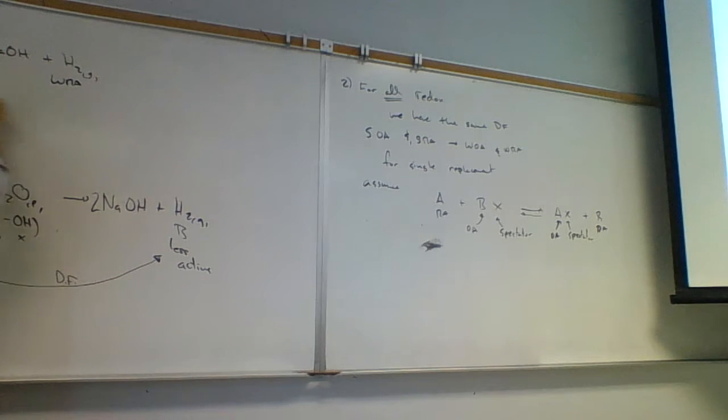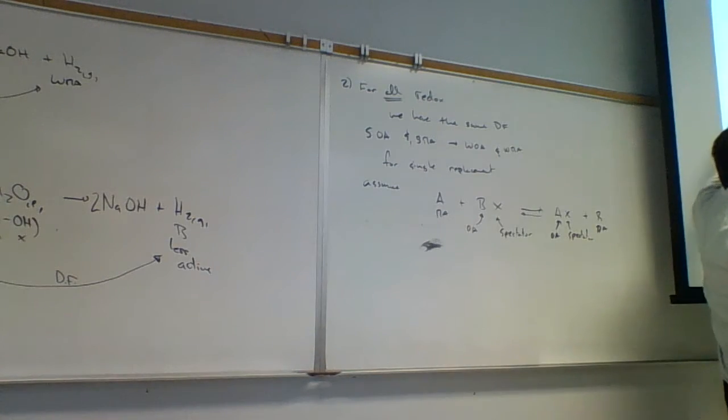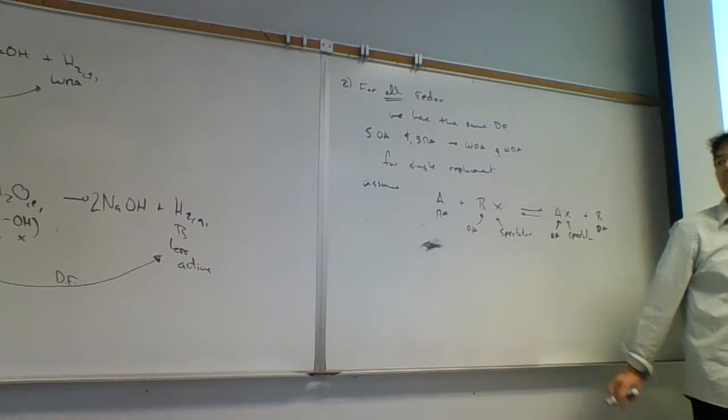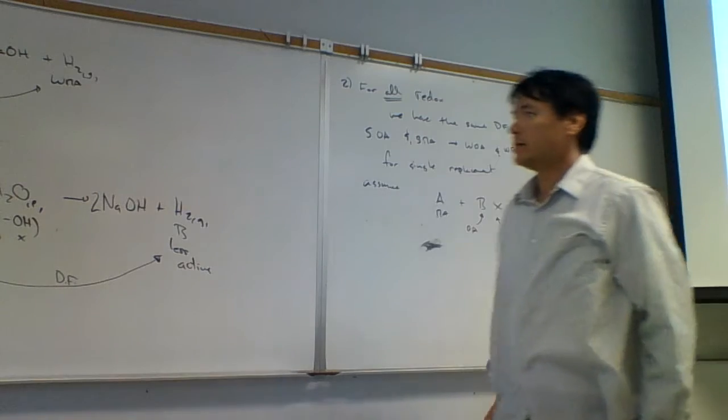So all we need is one: we're going from a stronger reducing agent to a weaker reducing agent. Sodium's a stronger reducing agent, hydrogen's a weaker reducing agent. How about the oxidizing agents?